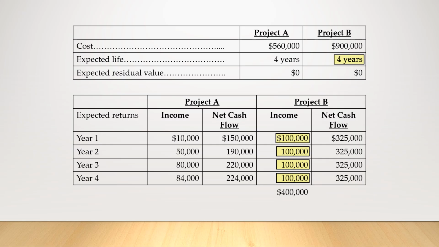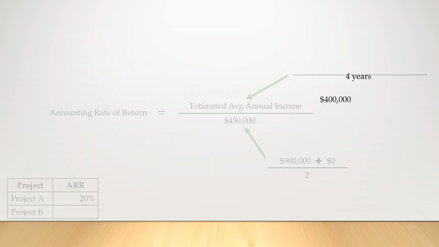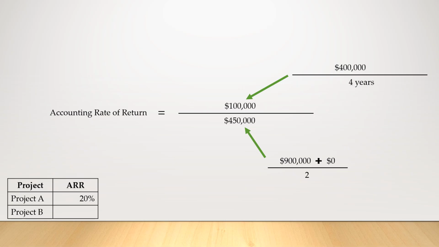Average its total income over 4 years to get the average annual net income: $100,000. So Project B's ARR is therefore 22%.